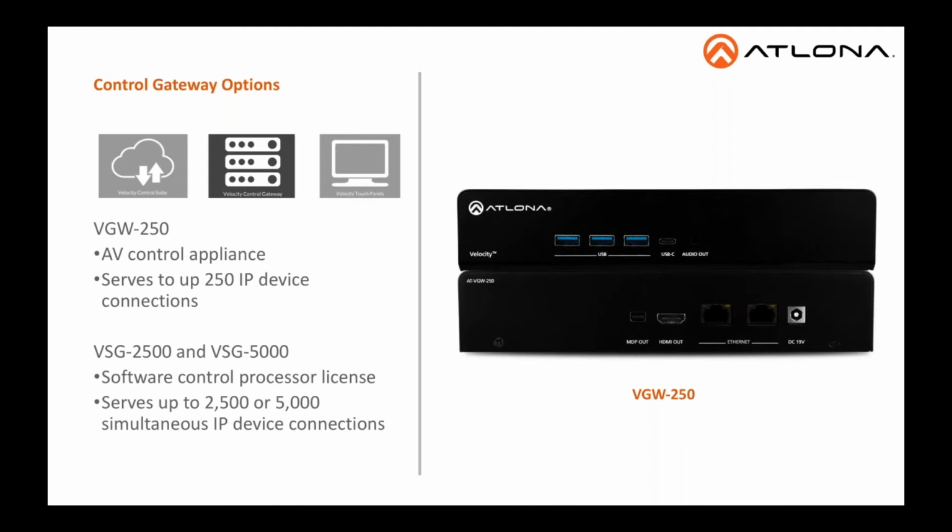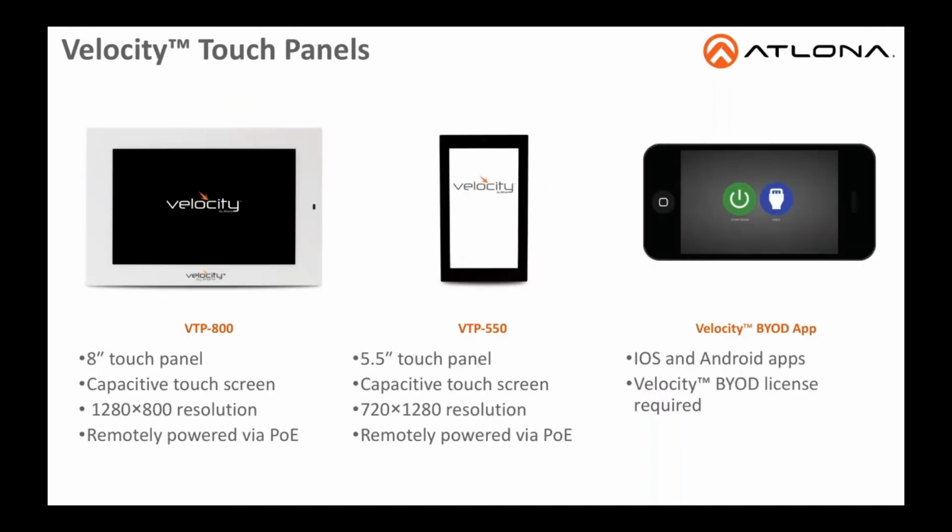Or you can get the software version, which runs on your IT server infrastructure, and it can control up to 2,500 devices or 5,000 devices, depending on the license that you get.